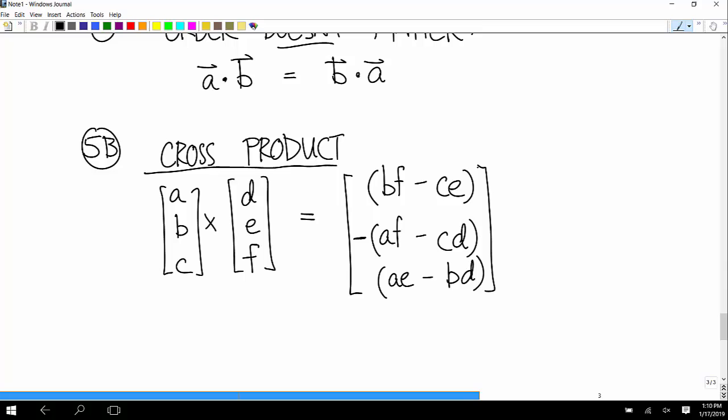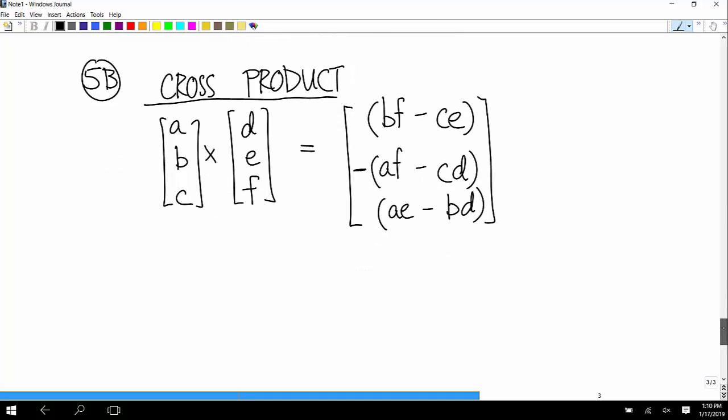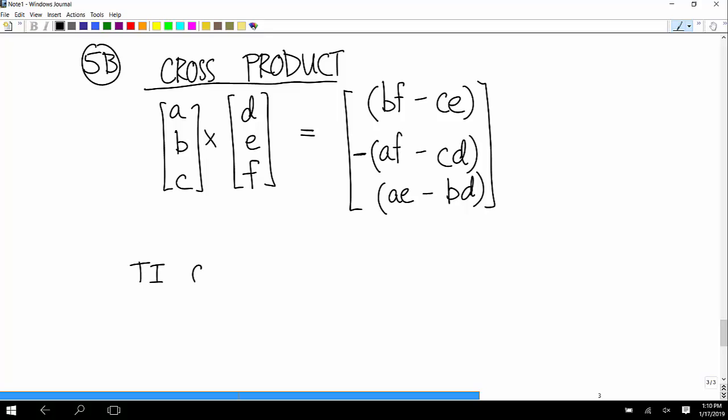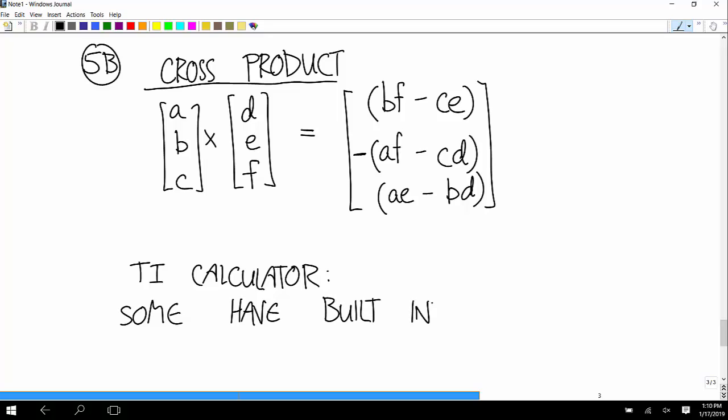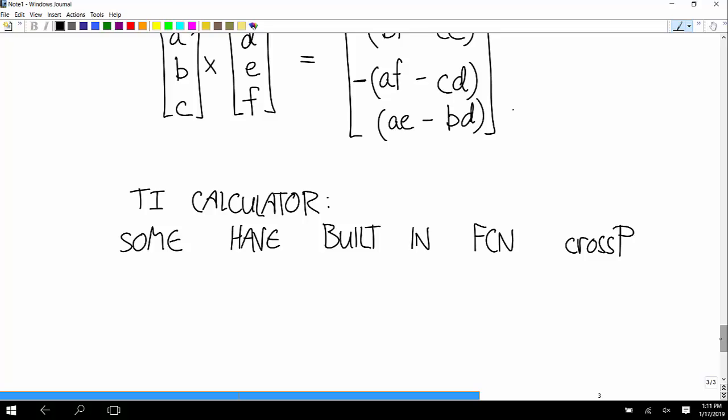On a TI calculator, some have a built-in function called lowercase cross capital P, and it would work like this: cross P, and then in parentheses put your vectors.